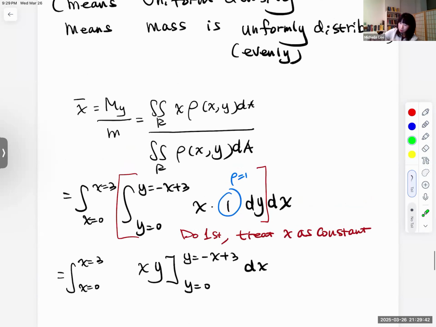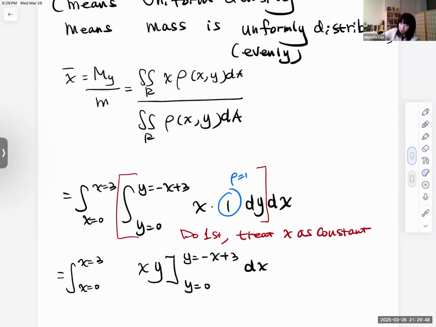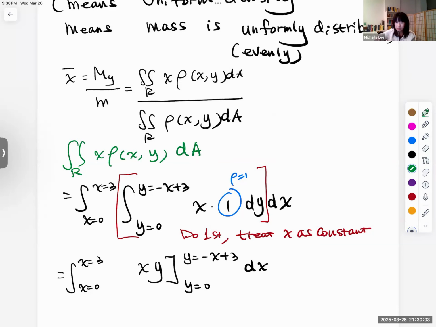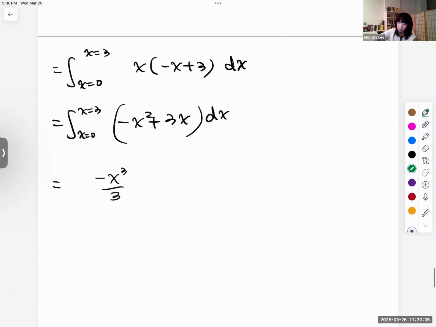This is only the numerator, right? So this will be the moment about the y-axis.